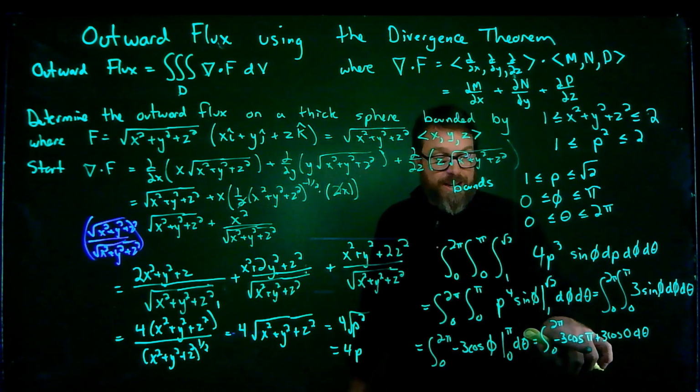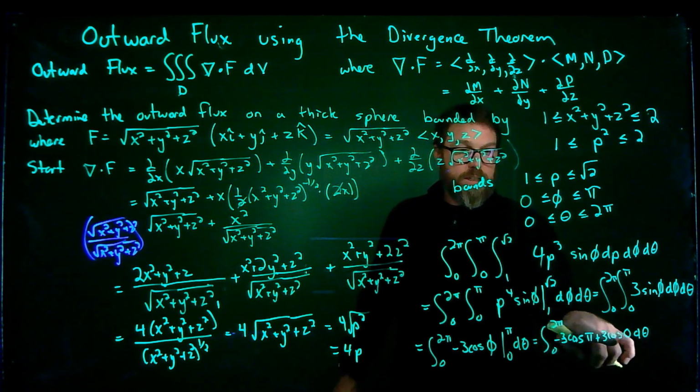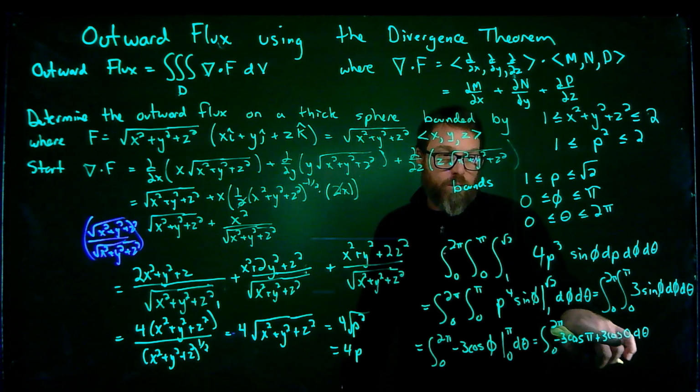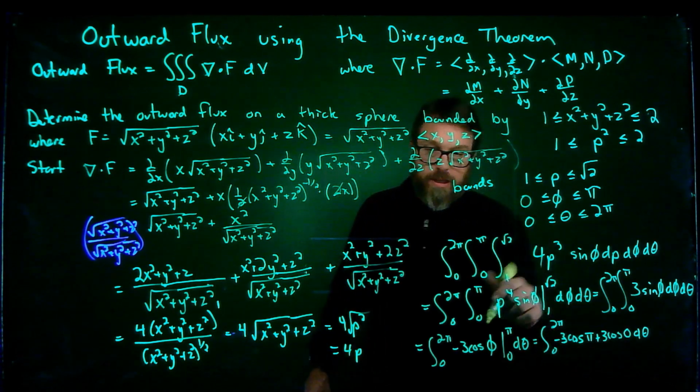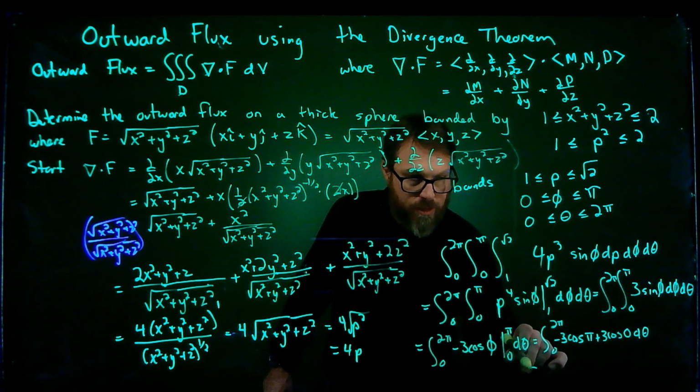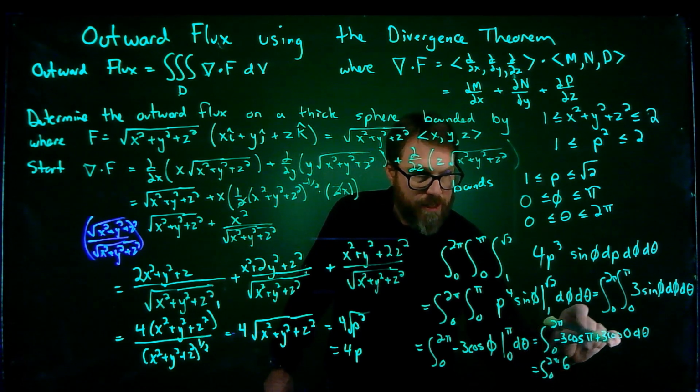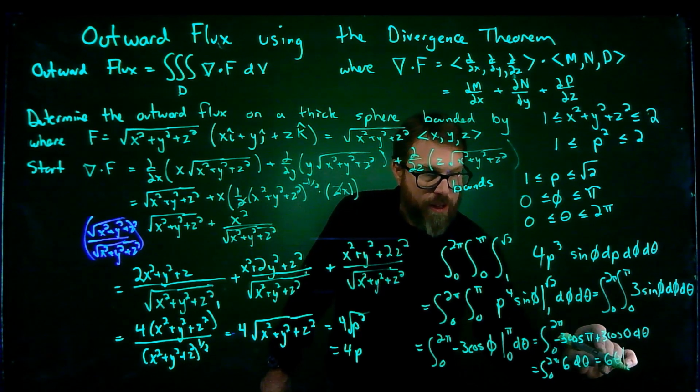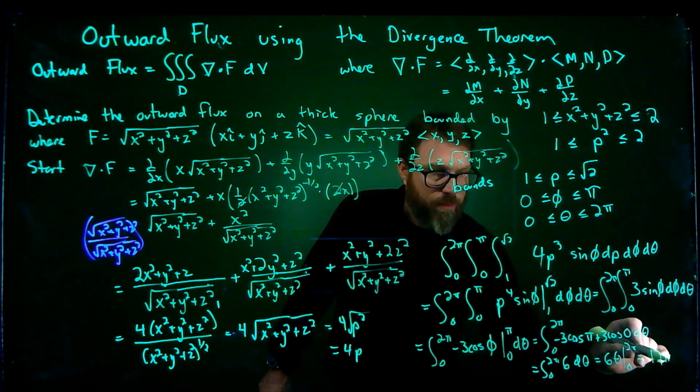This is minus 1, and this is going to be plus 1. So 3 plus 3, which is going to be equal to 6. So this is the integral from 0 to 2 pi of 6 d theta, which is going to be 6 theta evaluated from 0 to 2 pi. Plugging that in is going to give us 12 pi.